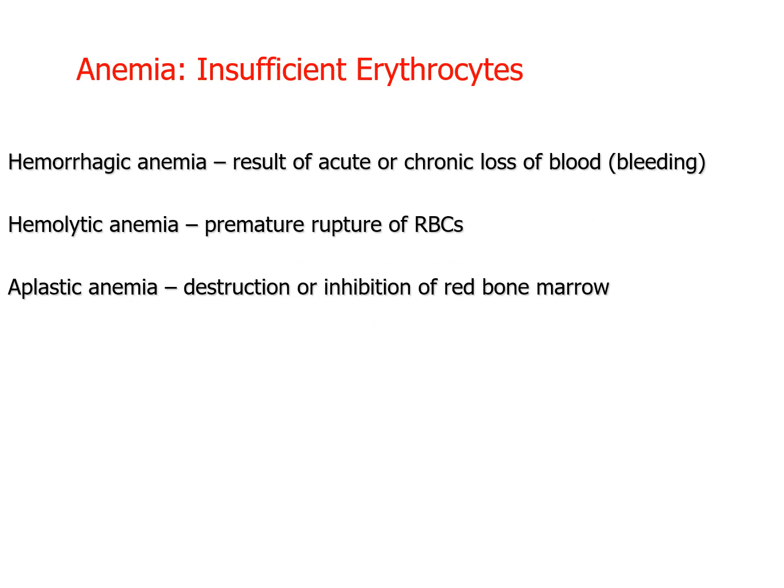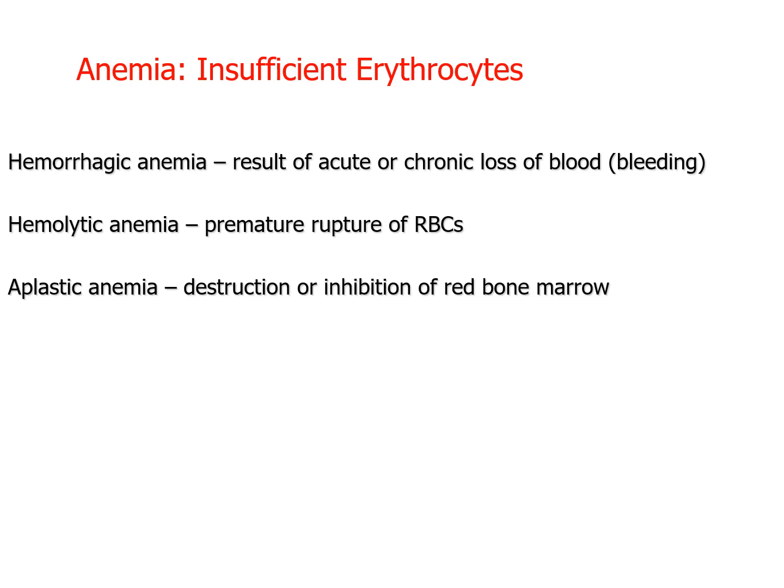Anemia can be due to insufficient erythrocytes. There are a number of reasons why a person could be anemic, but insufficient erythrocytes, for example, hemorrhagic anemia, results from either a very quick, large, acute loss of blood, or a chronic, slow bleeding that continues for a long time. Most of these chronic blood losses are actually internal rather than external.